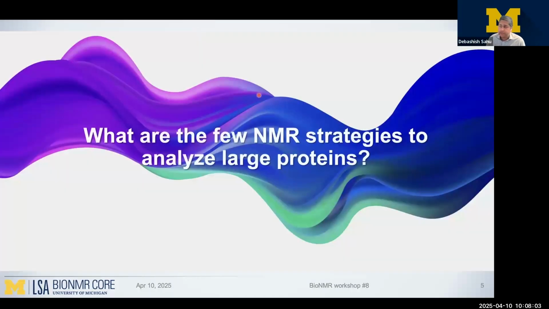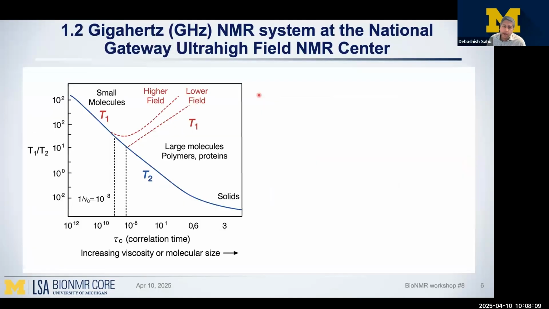So what are the few strategies that you can use in NMR to analyze these large proteins? Okay, the first strategy is probably that you want to go to a higher field. In the slide, I'll show you how you can actually leverage the 1.2 gigahertz NMR that's at Ohio State.